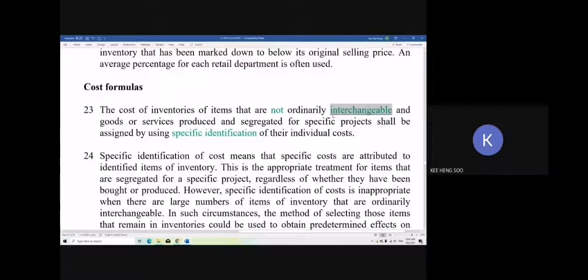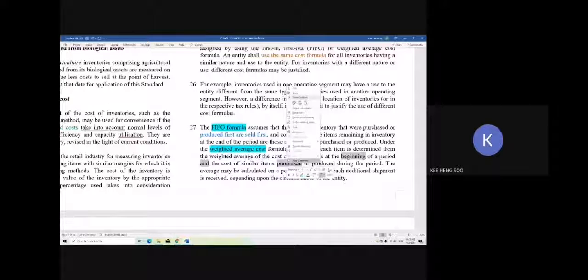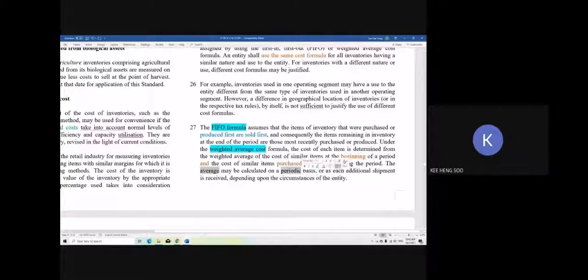Weighted average cost formula. You add up together these two figures. That means every time you purchase, you recalculate.